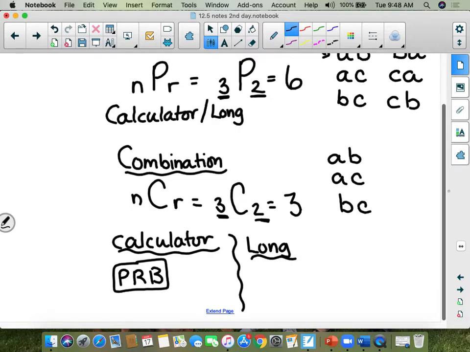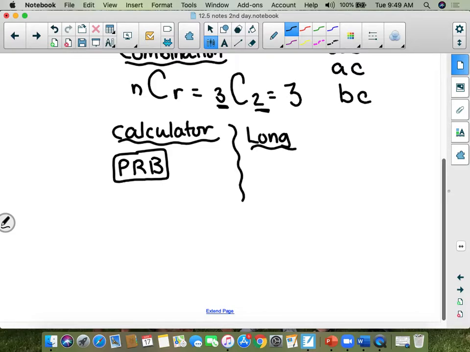If you hit that PRB button, you're going to notice that there's an nPr button, an nCr button, and a factorial button. Those are the 3 buttons under PRB. You probably didn't even know that they're there. So I'm going to show you how to use this button.